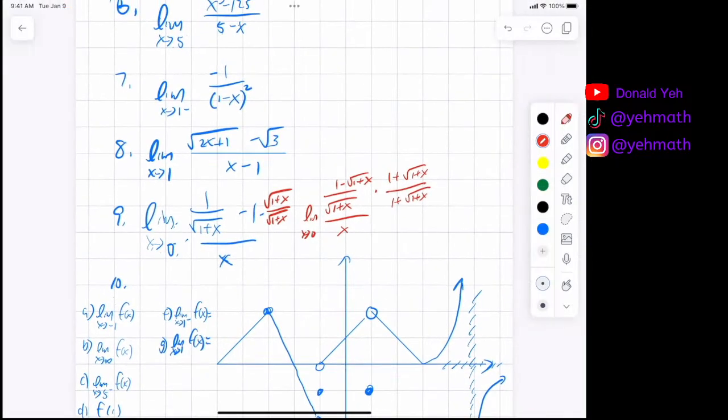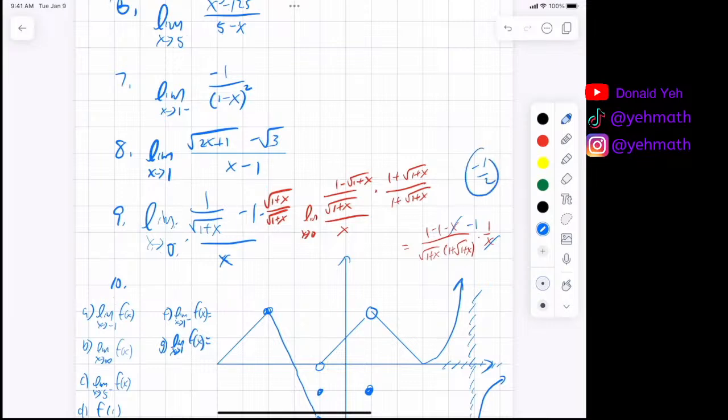So you get 1 minus (1 minus x), right? Over square root of 1 plus x times (1 plus square root of 1 plus x), over 1 over x. So this x cancels out. That's going to give you negative 1. You plug in 0, it's going to be negative 1 half.